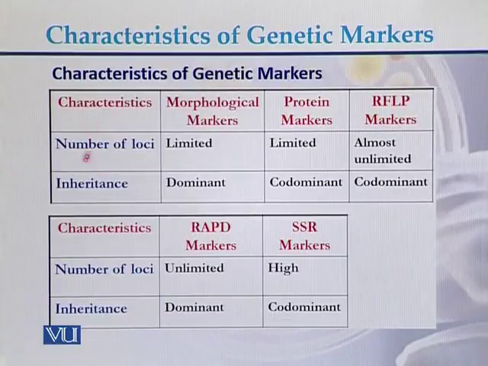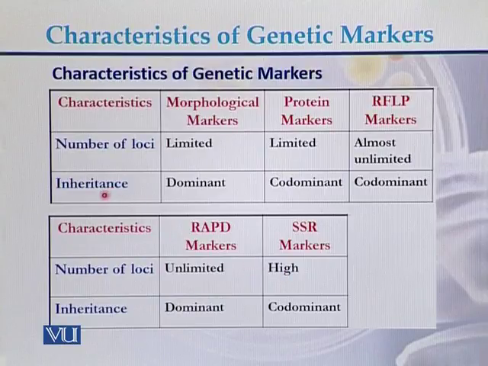If we look at the number of loci in morphological markers, protein markers, RFLP markers, RAPD markers, and SSR markers: in morphological markers they are limited, in protein markers and RFLP almost unlimited, in RAPD unlimited, and in SSR markers the number of loci is high.